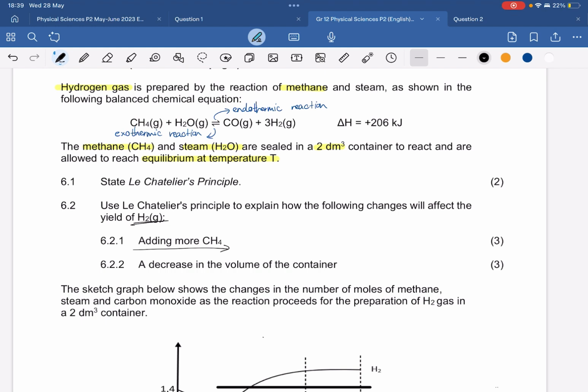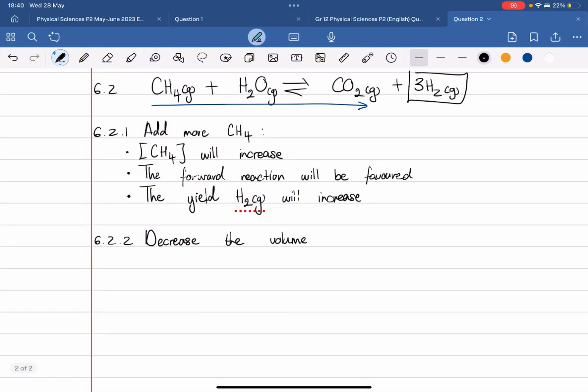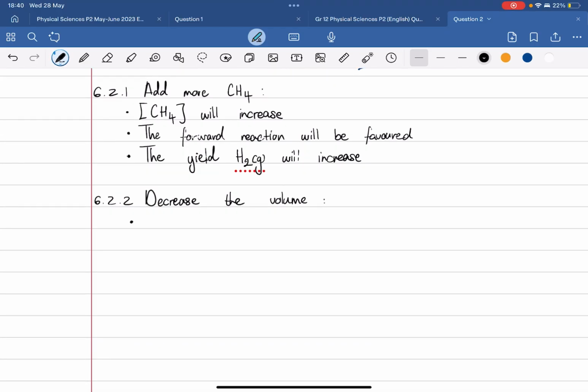6.2.2 is asking us what will happen to the yield of hydrogen gas when you decrease the volume of the container. So now, when you decrease the volume, a couple of things happen, right? There is an inversely proportional relationship between volume and pressure.